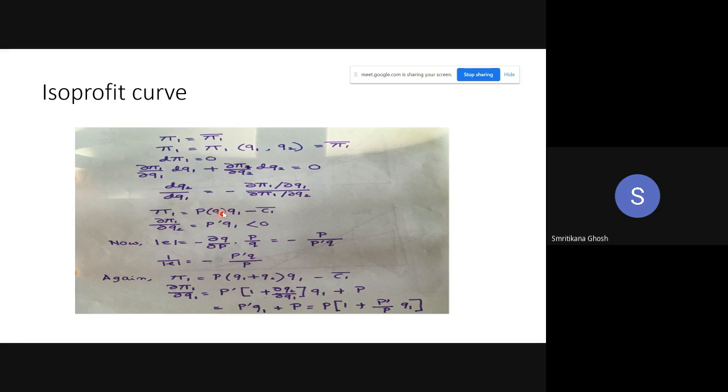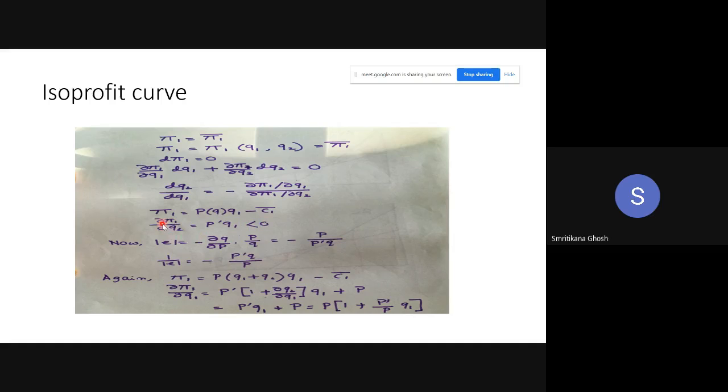Q is equal to q1 plus q2, the total output of the oligopoly market. And there is pq1 minus c1 bar. For simplicity, we are assuming marginal cost as constant. You can assume cost as a function of q1, but just to avoid the complication from the cost side, we are making it a constant. That's all. Okay. So C1 bar.